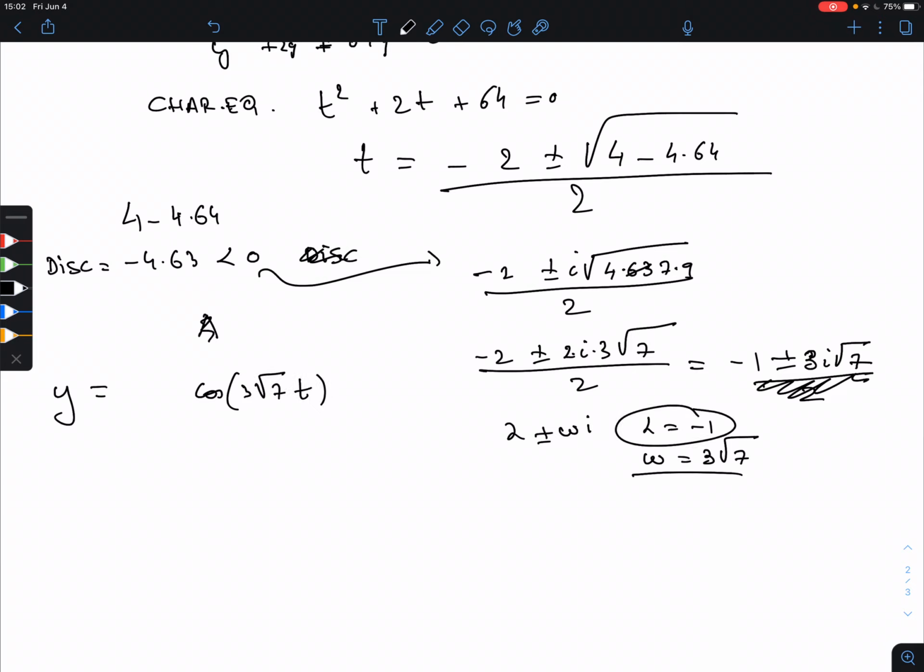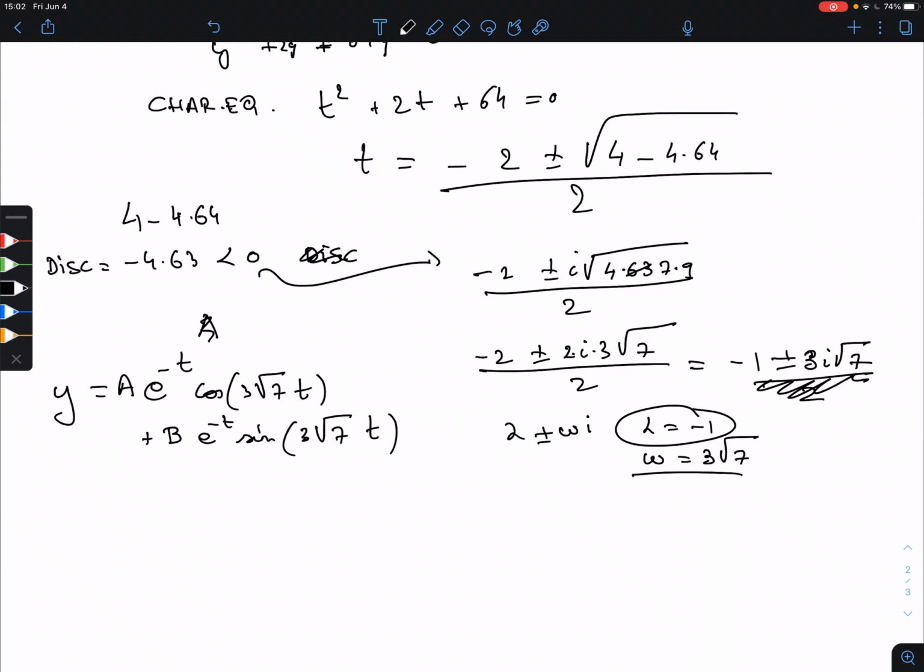The exponential comes in front of it, and this is of course a times that plus b times the same thing with sine. Just go look it up again. This is all the way in the beginning, when we started talking about section 5.2, linear homogeneous second order equations with constant coefficients.